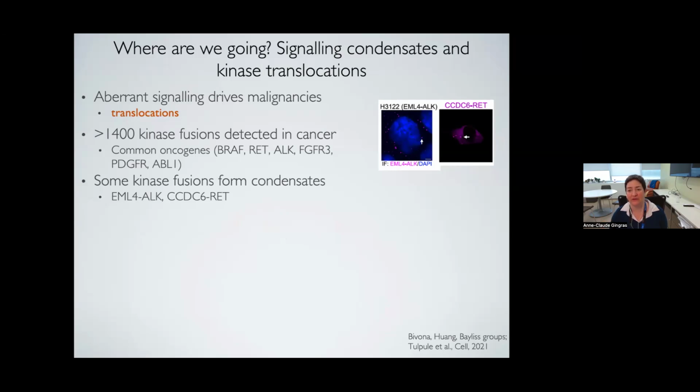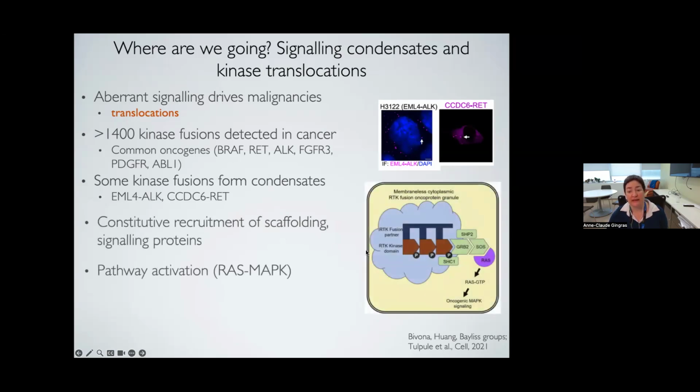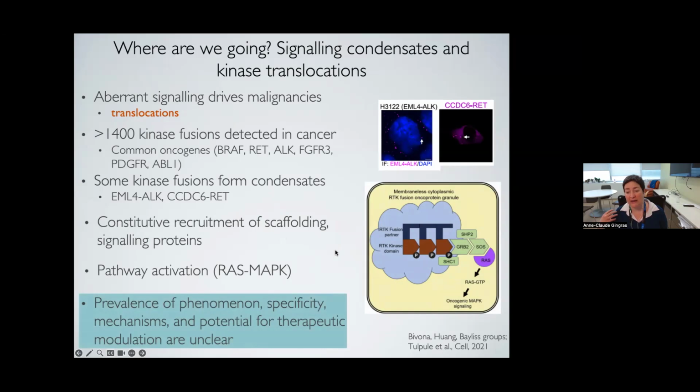We're really looking at signal integration in the context of aberrant signaling. For example, in the context of translocation, Hugo is really trying to map whether these dynamic condensates that occur following this translocation are a common event, and whether there is specificity that is acquired. And this is all employing some of the same technologies that I showed you.